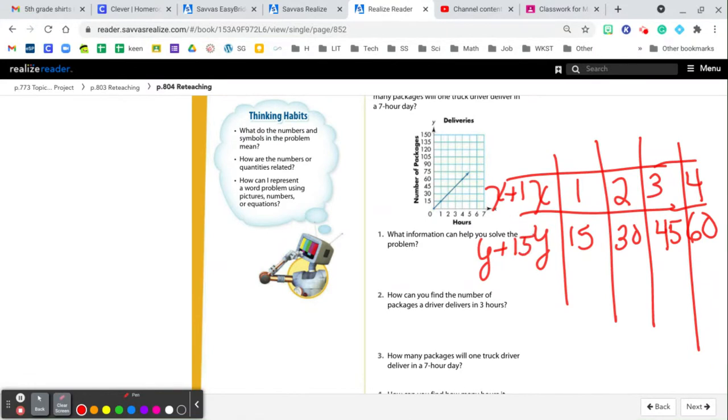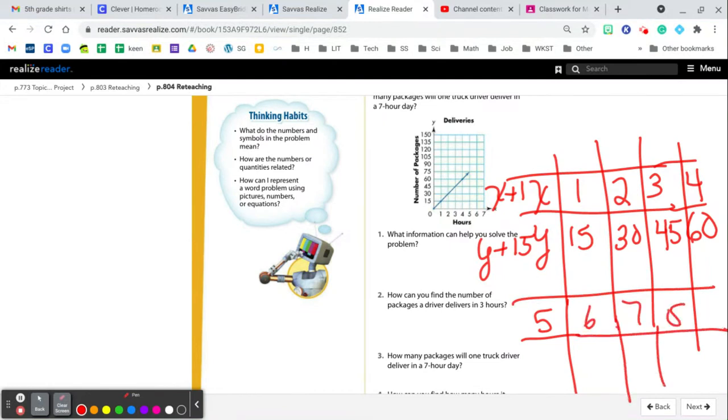So what do we want to know? When will we have 120? Use the graph to find the X coordinate when Y is 120. If we continue our pattern, in 5 hours we'll have plus 15, that would be 75.